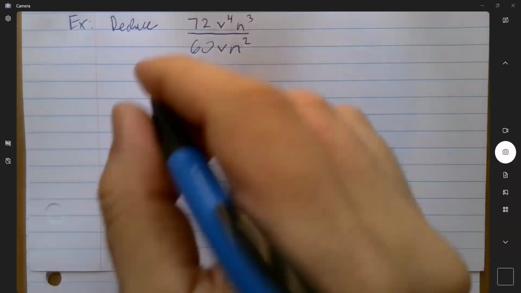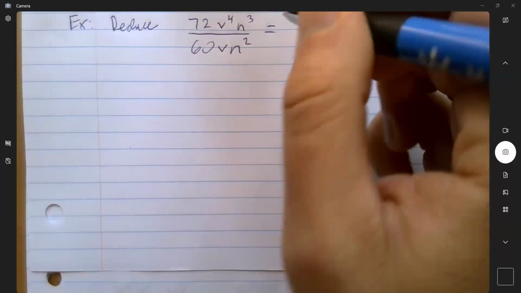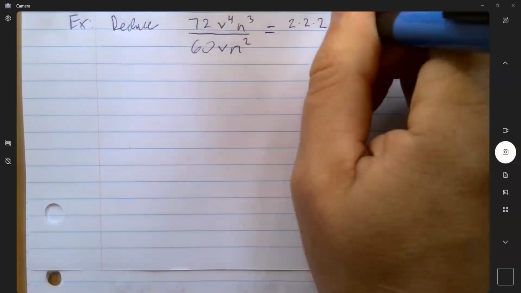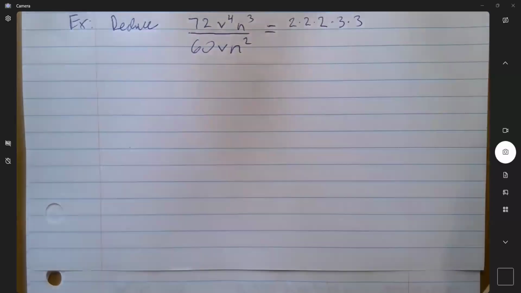So I'm going to do the same thing. I'm going to factor 72. 72 is 8 times 9, which is 2 times 2 times 2 times 3 times 3.